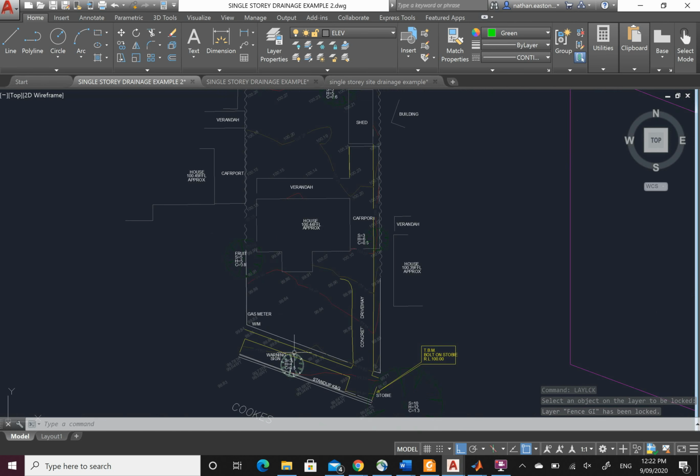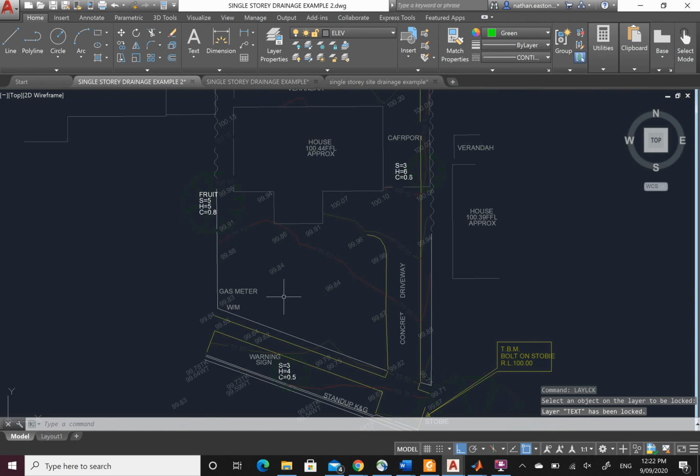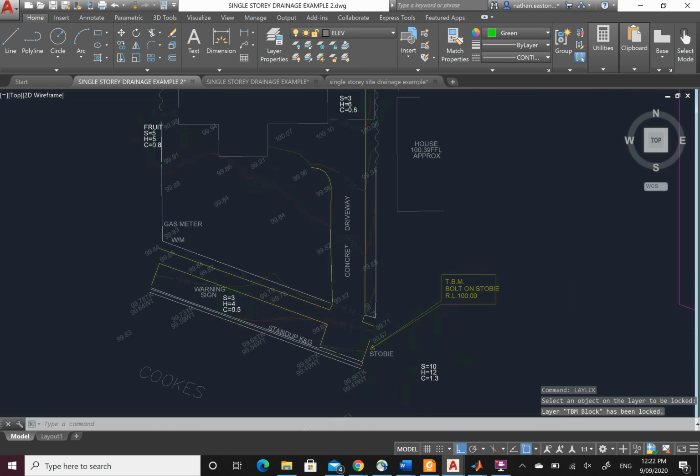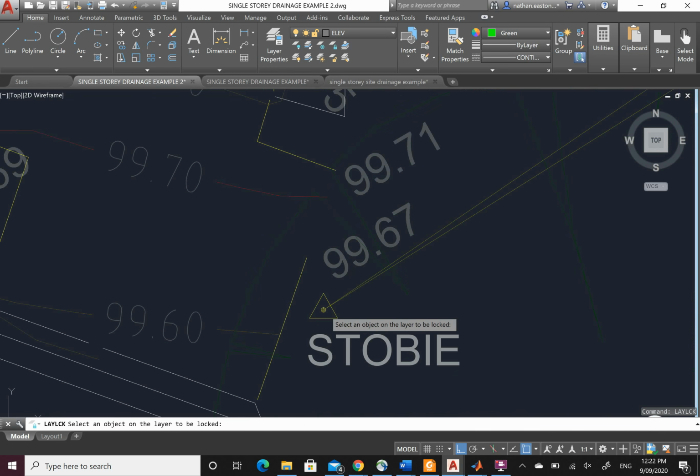And what else do I want? Let's keep the water meter in there, the gas meter for now, so a bit of this text. Gonna need that, that's locked already. And let's keep this bolt on the stovey. Let's keep that there.